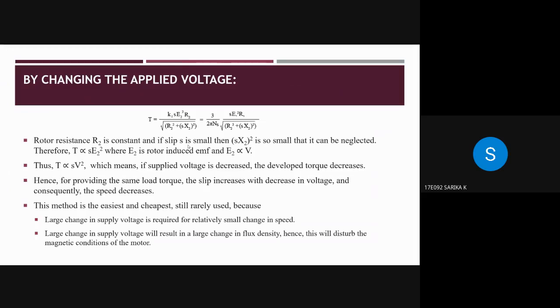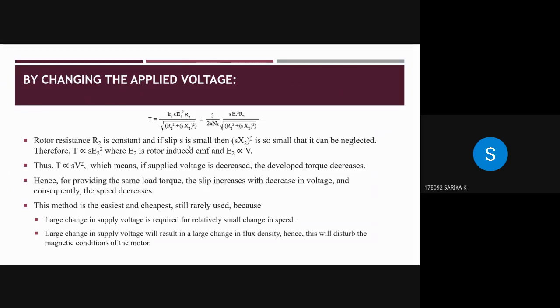Torque is directly proportional to S E2 square, where E2 is the rotor induced EMF and E2 is directly proportional to voltage. Thus, torque is directly proportional to S V square, which means if supplied voltage is decreased, the developed torque decreases. Hence, for providing the same load torque, the slip increases with a decrease in voltage and consequently the speed decreases.